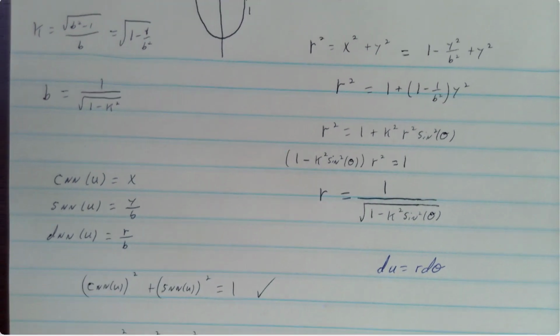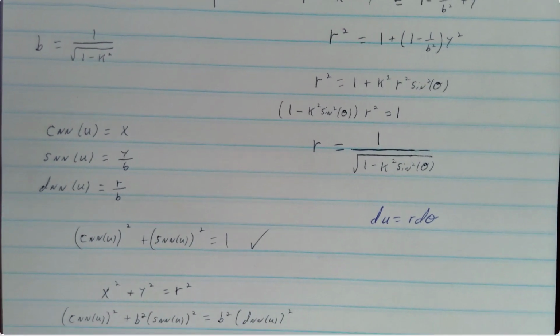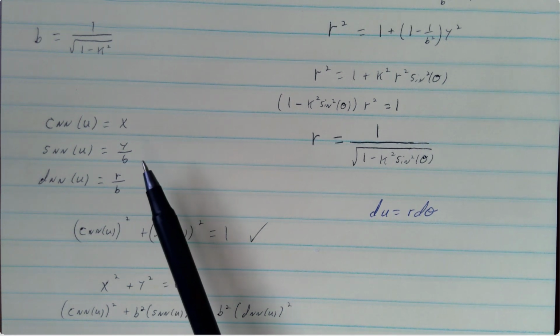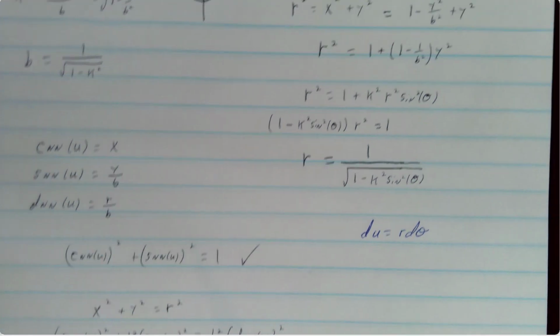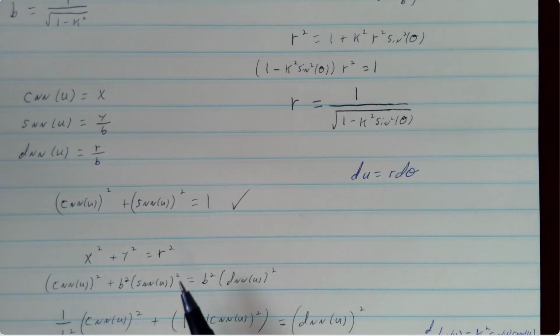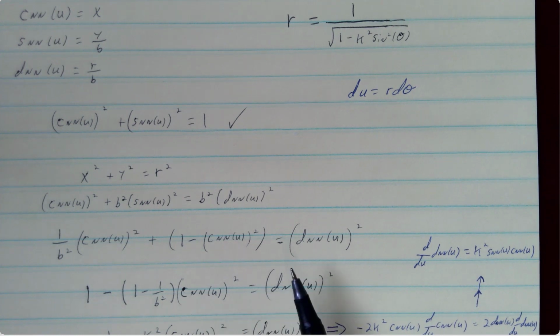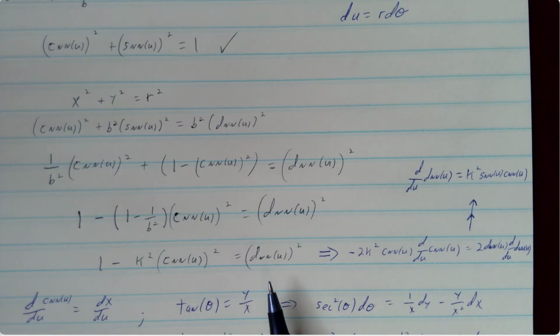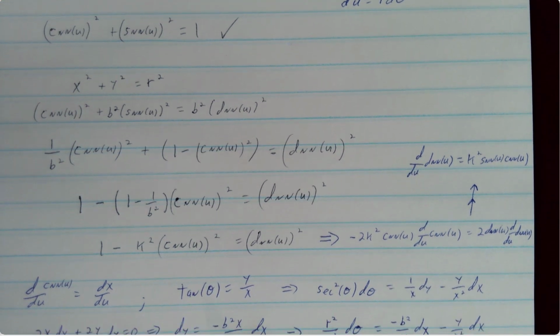But the problem will be, again, x squared plus y squared over b squared is 1 for this ellipse. So we'll get that identity. But here, if you go through the math, instead of getting dn squared is 1 minus k squared sn squared, it ends up being dn squared is 1 minus k squared cn squared, which will affect the derivative. We actually get the same derivatives.